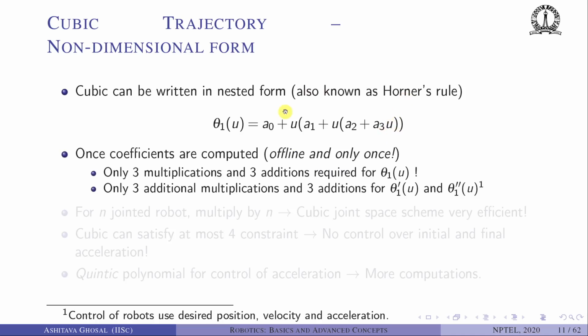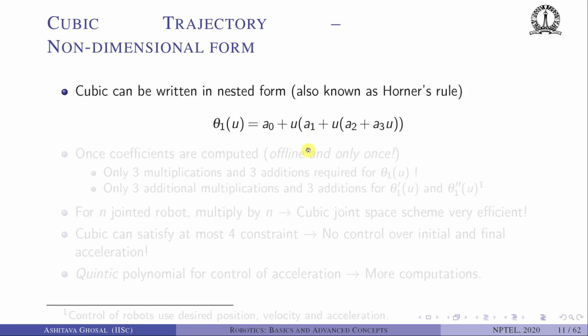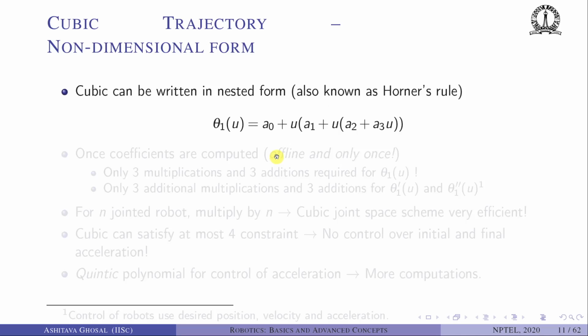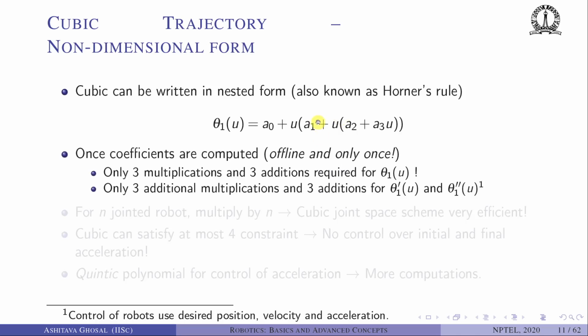It requires only 3 multiplications and 3 additions. When it was in the cubic form, it required 1 multiplication here, 3 multiplications here, and u cube is 3 into a3, so 4 additions and several multiplications. In the nested form, we need only 3 multiplications and 3 additions to obtain theta1(u).